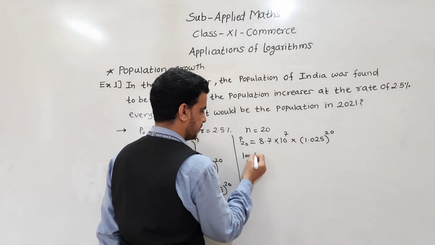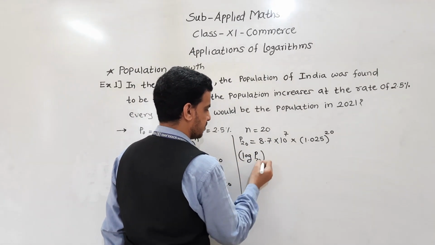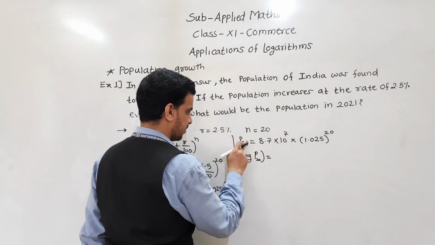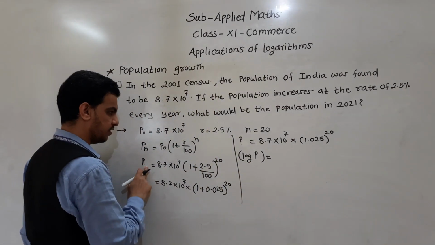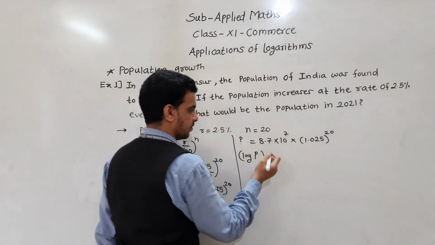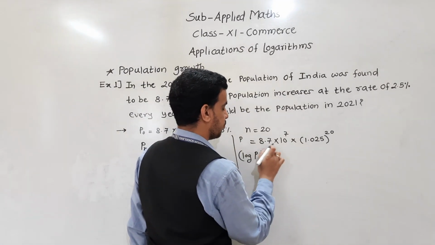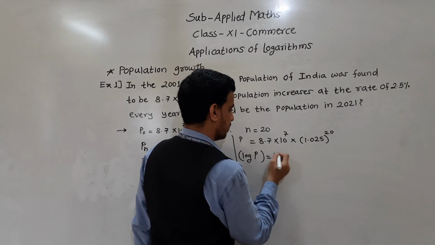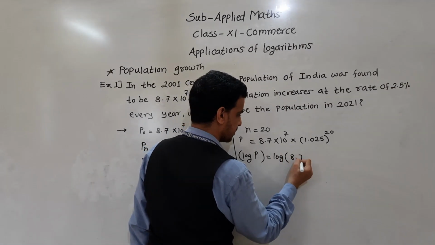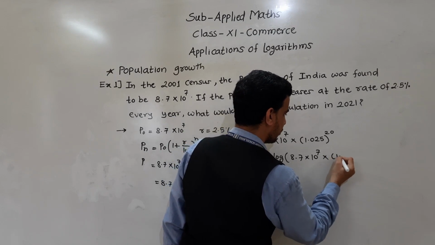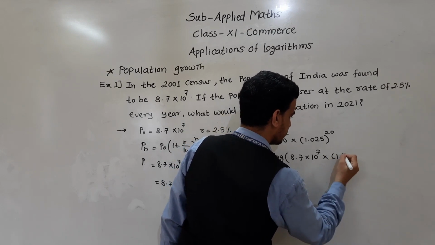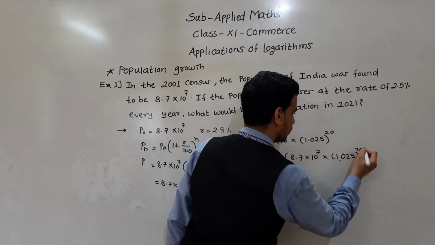So log of P20, or only write P, it is more convenient. So log P is equal to log of 8.7 into 10 raised to 7 into 1.025 raised to 20.